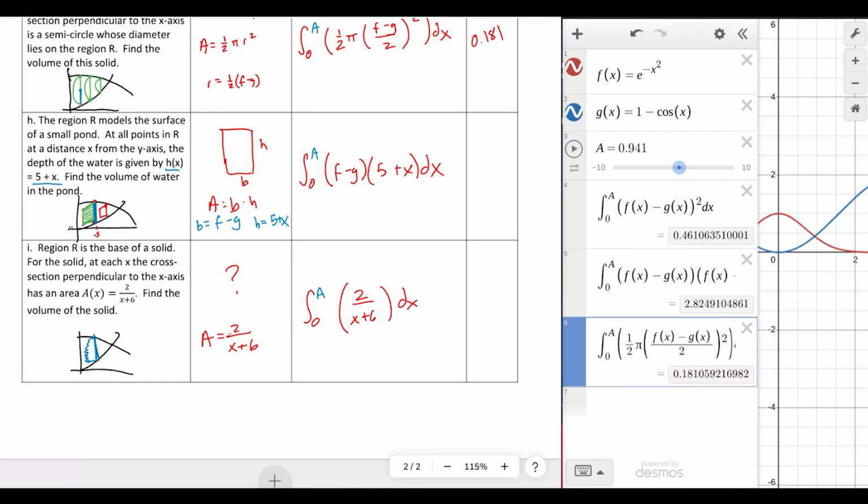Dx is the height. It's the height of each disk. Before, they didn't give us the area. They gave us the dimensions, like the base and the height of the rectangle, but didn't actually tell us the area. This is the area. So this is your base times height.